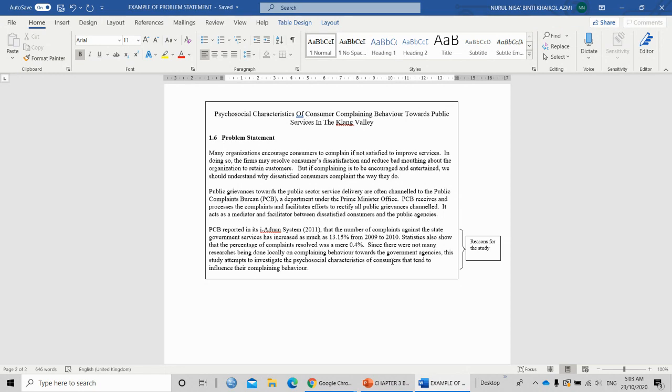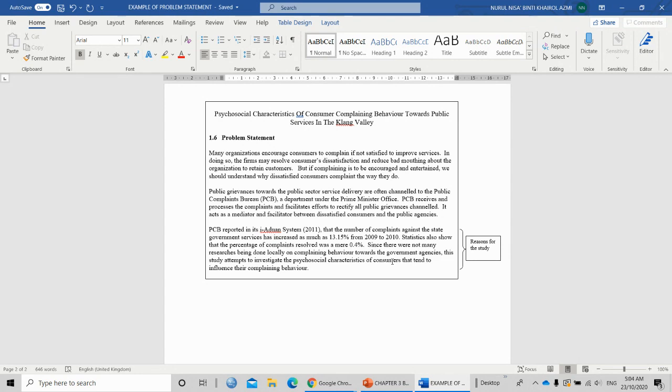Sebab title ni boleh berubah, depends on your problem statement. Sebab problem statement ni it depends lah, you nak buat apa sebenarnya, you nak comparing method ke, ataupun it depends on the objective jugalah. Objektif dengan problem statement. Is it you want to do a comparison ke? Is it you want to determine the factors ke?